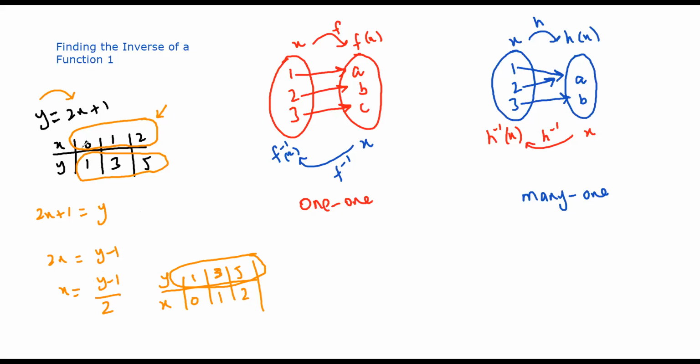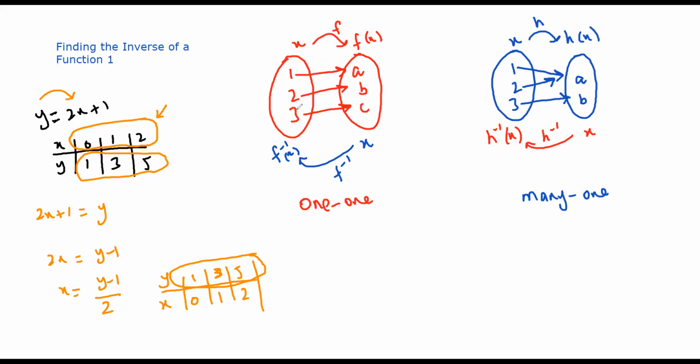The domain of a function, please note it down, is the range of the inverse of that function. And similarly, the range of a function is going to be the domain of the inverse of that function. You can see this thing happening in these two diagrams over here. If you look at the top, this x is mapped onto f of x.